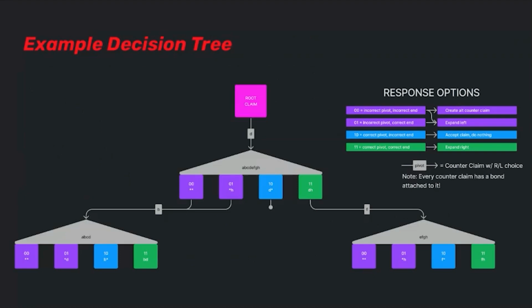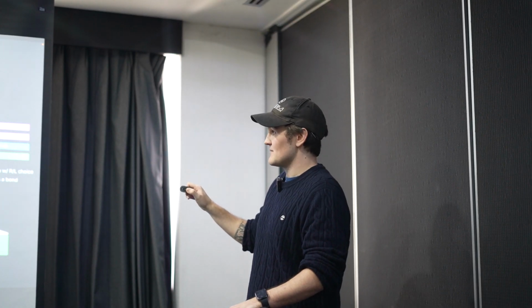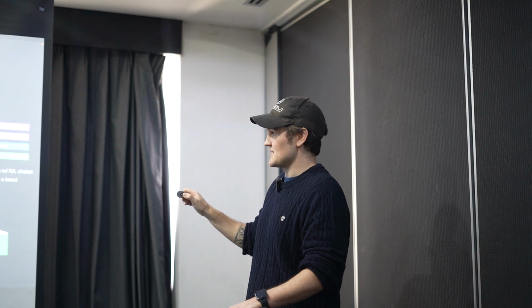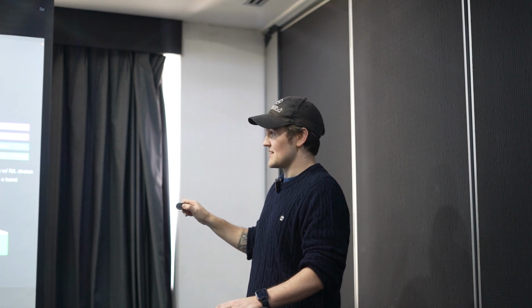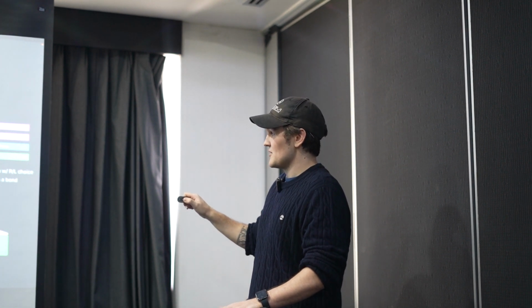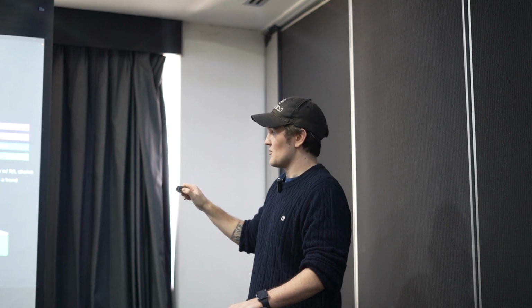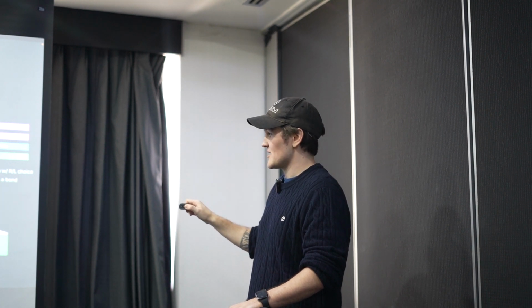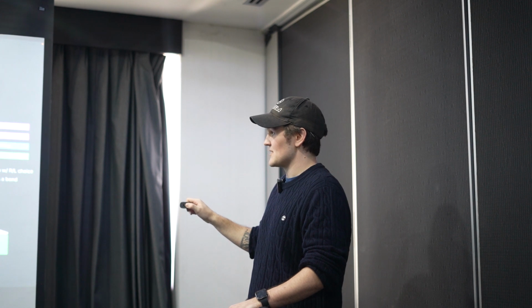And here, if I agreed with this pivot and disagreed with the root claim, this is what I would have supplied if it already existed. So we do nothing. We sit. If we agree with both of these things, we're going to want to expand right by supplying the right pivot F. And the reason, once again, is that we have to find the point at which we diverge to the right of the pivot that we agree with.